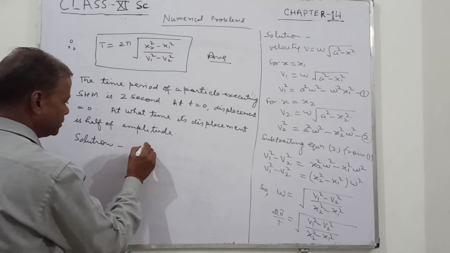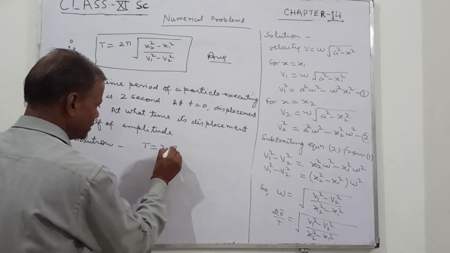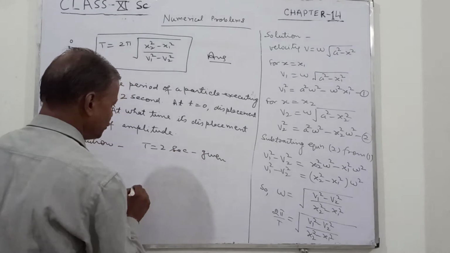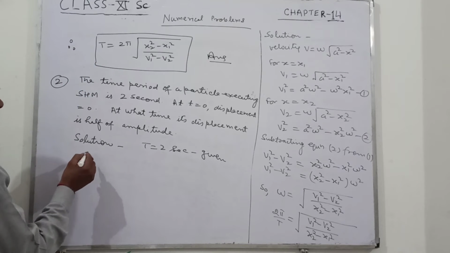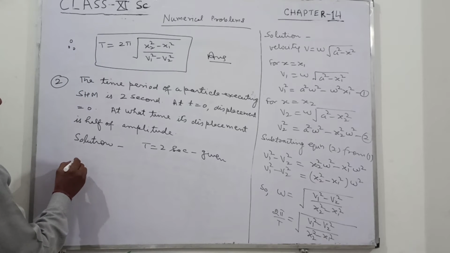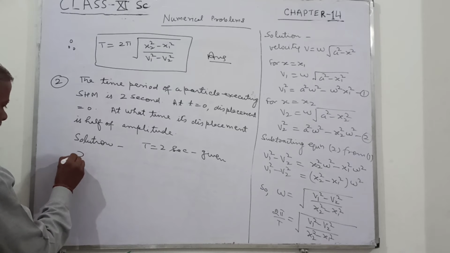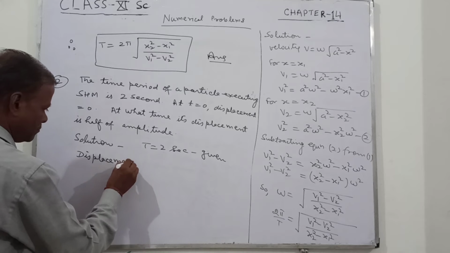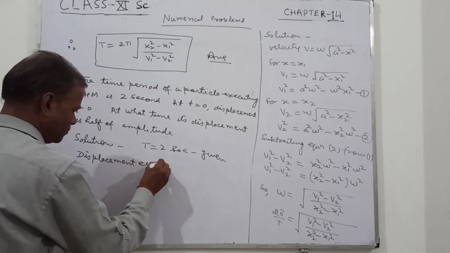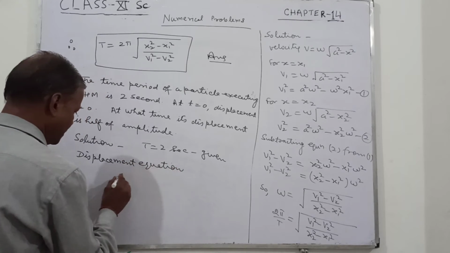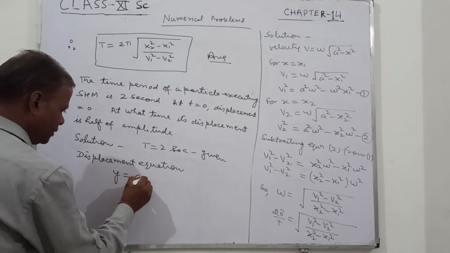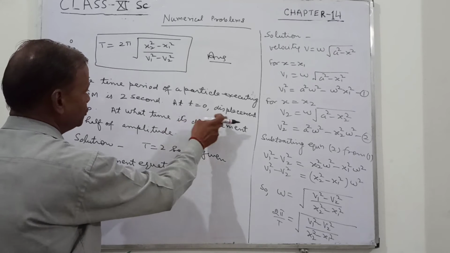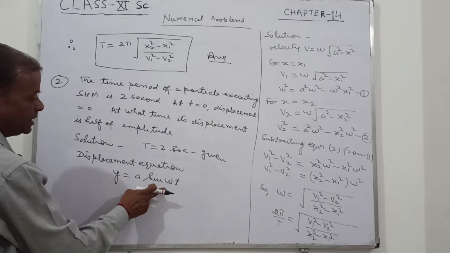Now how to find the solution of this one: you are given that T is equal to 2 seconds. The displacement equation is y equal to a sin omega t, because at t equal to 0 displacement is 0, so we have to take this equation.